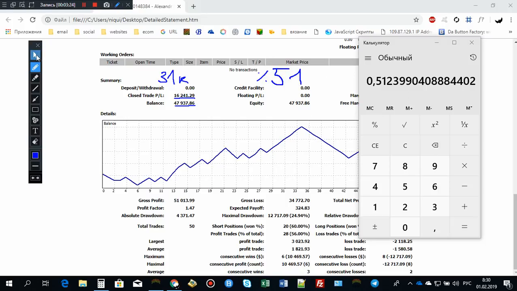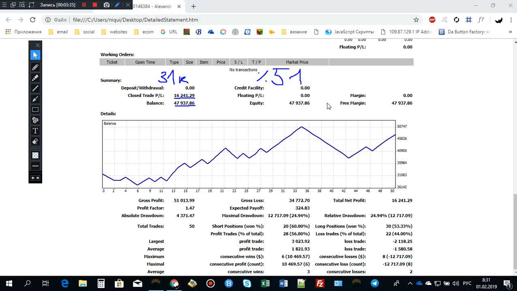Why is this amount that big? Why 51%? It is very much connected with the account management, guys, and I will explain it to you in a second. We will first have a look at the amount of winning trades.